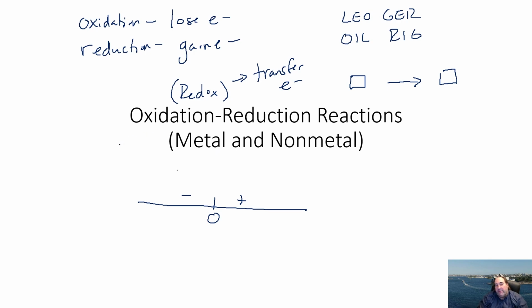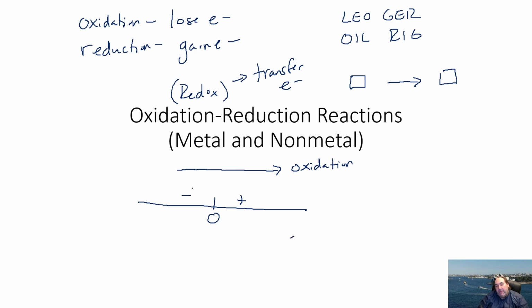So if you look at the charge of something on the left-hand side of the arrow and the right-hand side of the arrow, and it's moving in this direction, the more positive direction, that thing is going through oxidation. It is losing electrons. Now, when somebody gains electrons, which happens with reduction, they're gaining more electrons, which means they're going to become more negative because they have more electrons than protons.